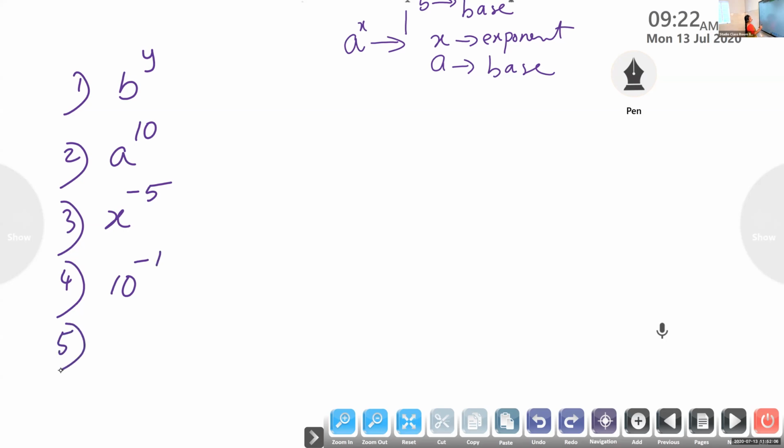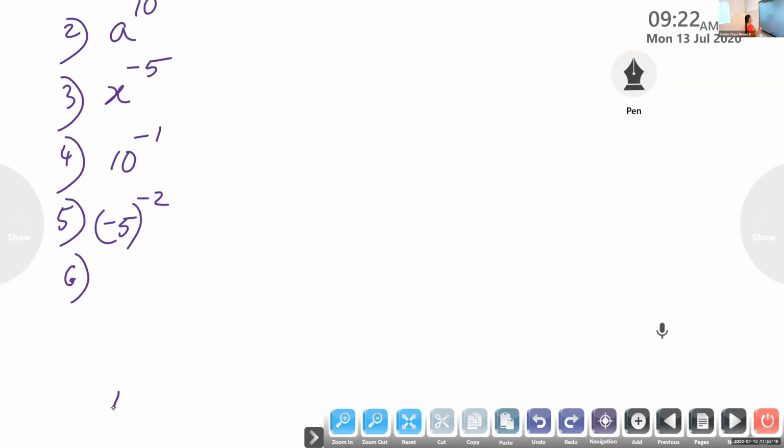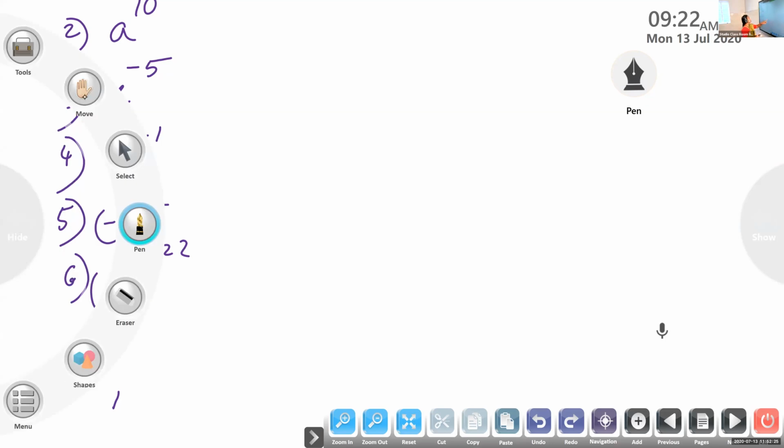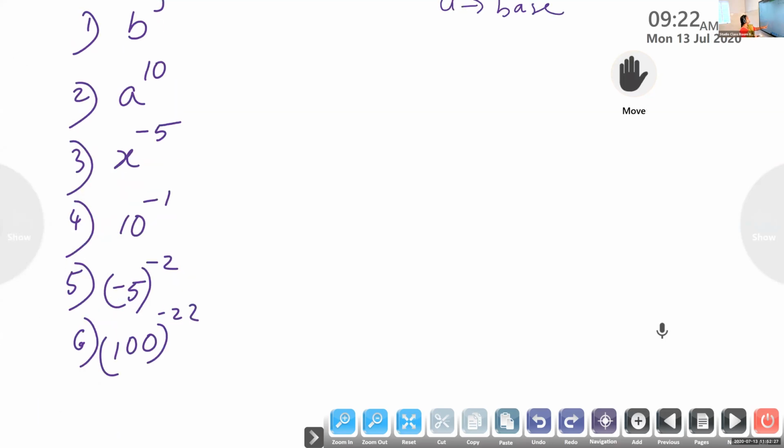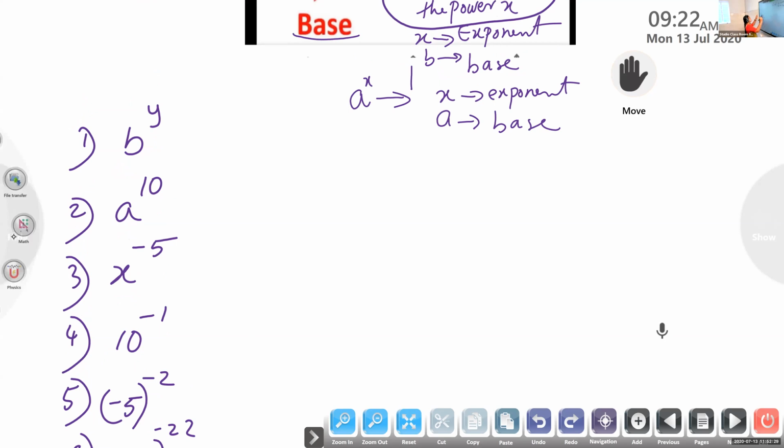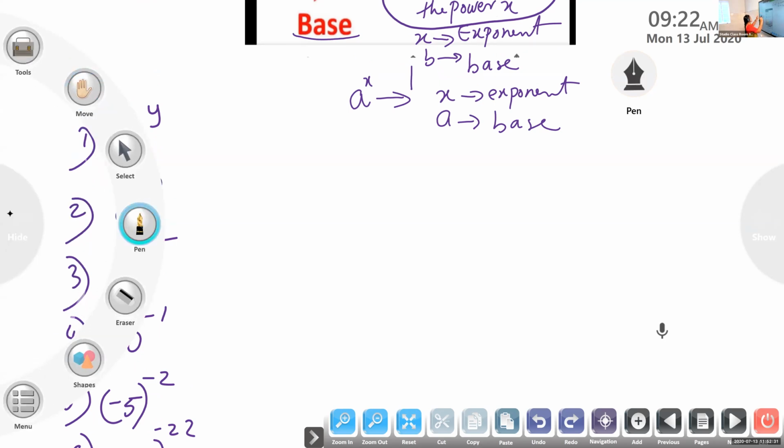Fifth one, 5 raised to -2. Sixth one, 100 raised to -22. Okay. Write each question and mention here which are exponent and base.